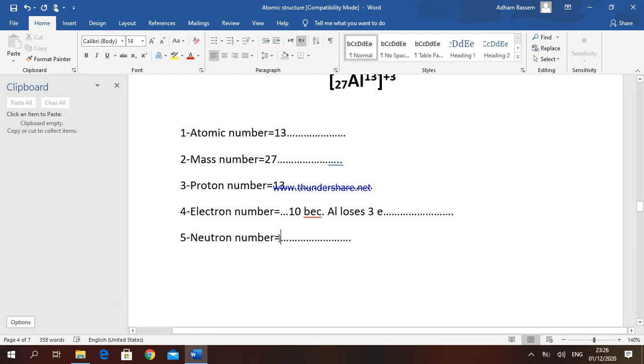Neutron number equals mass number 27 minus atomic number, which equals 14. Okay.